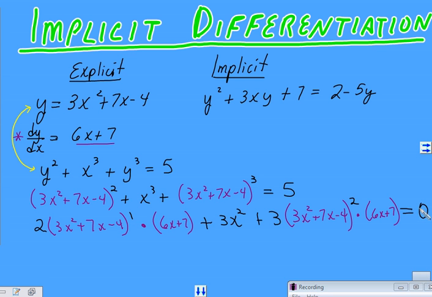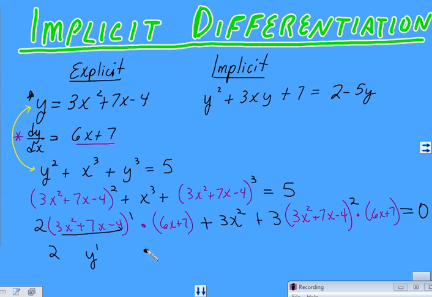You'll notice that I'm going to take now and replace all the quantities, all the 3x squared plus 7x minus 4s. That's what we defined up here at the top as what y is equal to. So I'm going to use that expression and say, okay, this whole trinomial is really just a y. So I really have 2y there to the first power times the 6x plus 7 is the derivative.